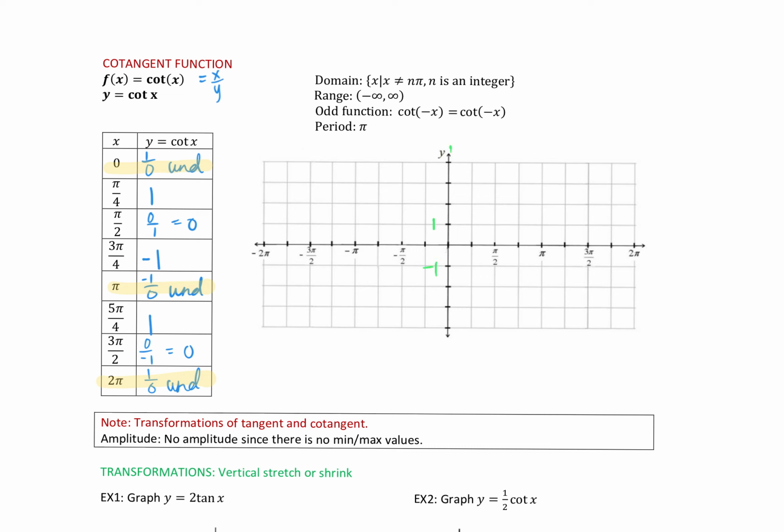So 0, and pi, and then 2 pi. So asymptotes are going to happen at multiples of pi. In the other direction, negative pi and negative 2 pi.